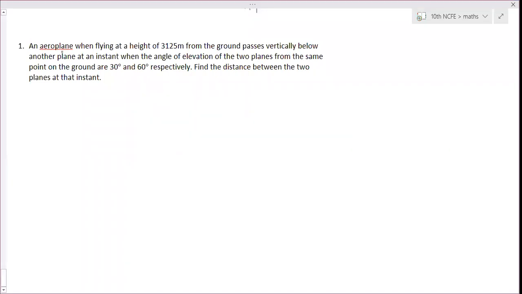Yes, Khushi. Ma'am, there are two planes flying at different heights. Let the planes be A and B, one above the other, parallel. Okay, this point is A and this point B I will consider.